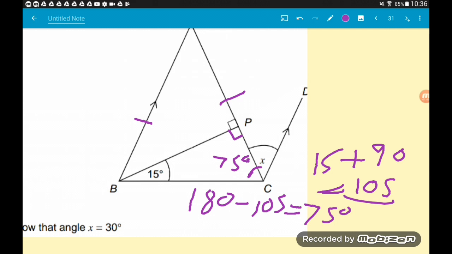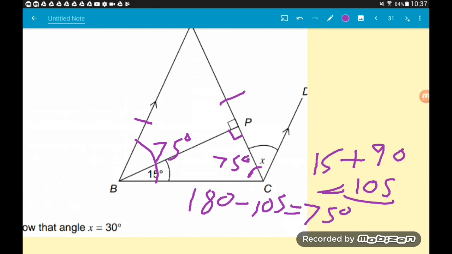Now remember, this angle is one of the bottom angles of an isosceles triangle. So, because this angle is 75 degrees, we also know actually this whole angle here is 75 degrees too. And that's because ABC is an isosceles triangle.